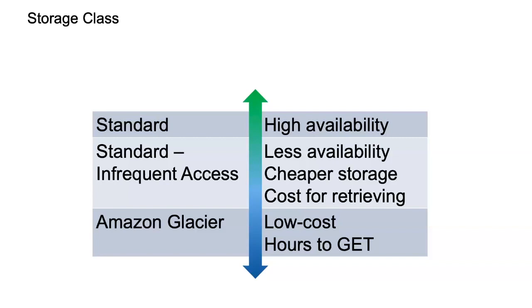For example, if this is a backup of your entire company data, you don't need to have it immediately if there is a huge catastrophe that happens. It's okay if you have it like 24 hours later or 48 hours later. In that case, you can ask to pay less. It's cheaper, but what you get in exchange for that is that you may need to wait a little bit until you actually have access to your data.